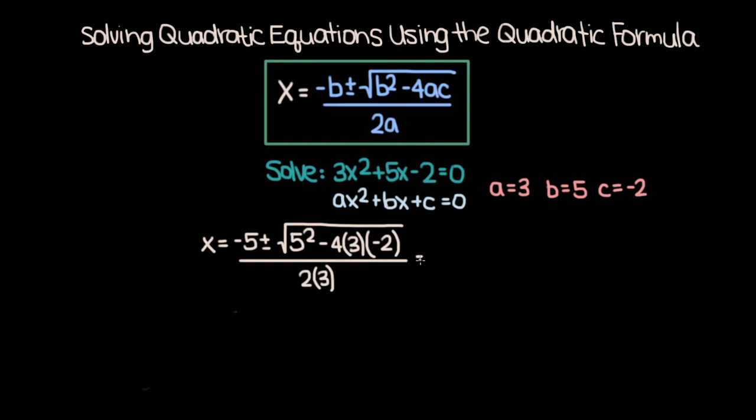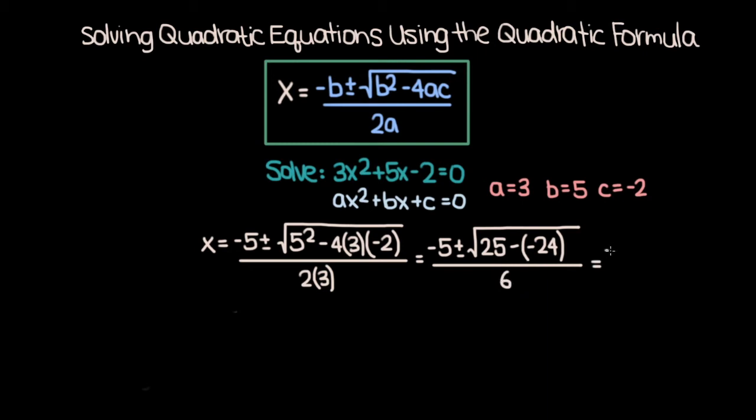Now let's start off by simplifying the numerator a little bit. We have negative 5 plus or minus the square root of 5 squared, which is 25, minus 4 times 3, which is 12, times negative 2, which is negative 24, divided by 2 times 3, which is 6.